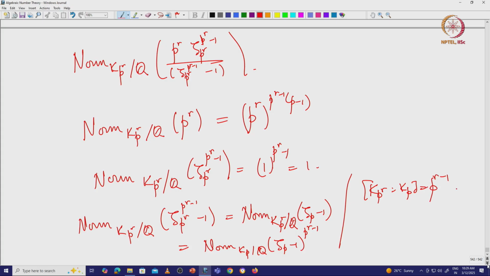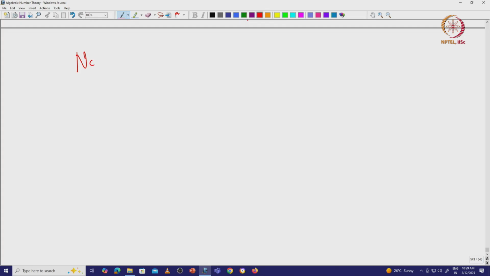Okay, and therefore we get that the norm from K_{p^r} over Q of ζ_{p^r} − 1, up to sign, is p^{r-1}.